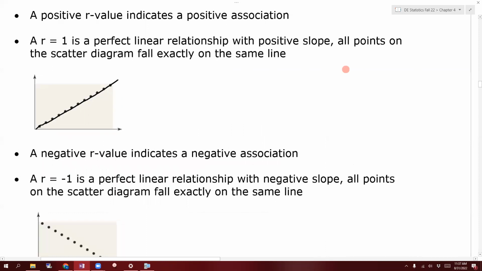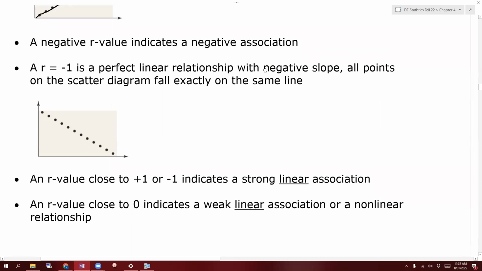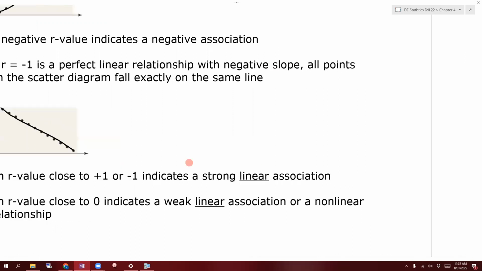And then the same goes for a negative R value. If you have an R value of -1, again, that means all of your points fall in a straight line. However, this time the line has a negative slope. Now, another thing that can be tricky is you could have a perfectly straight line. So you can have an R value of +1 or -1. It doesn't tell you the slope of that relationship.